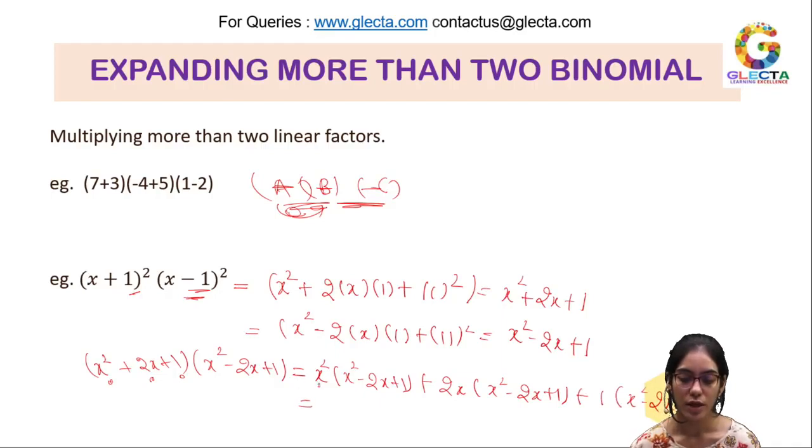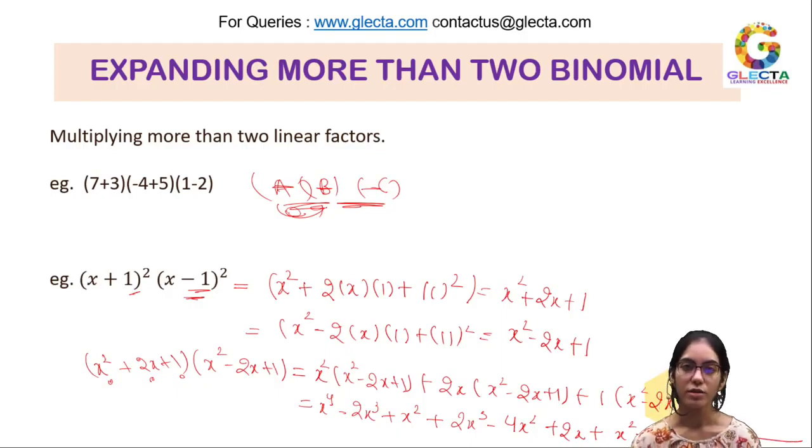So this will be x square into x square, x to the power 4, minus 2x cube plus x square, plus this will be 2x cube, 2x into minus 2x will be minus 4x square, 2x into plus 1 will be 2x, and 1 multiplied with the whole bracket will be the same bracket, x square minus 2x plus 1, and we can solve it to get the final answer.